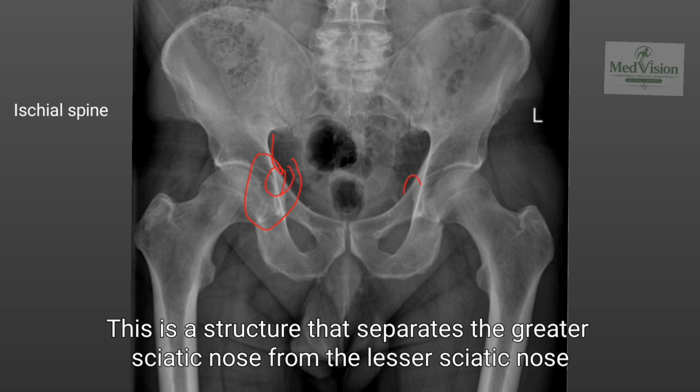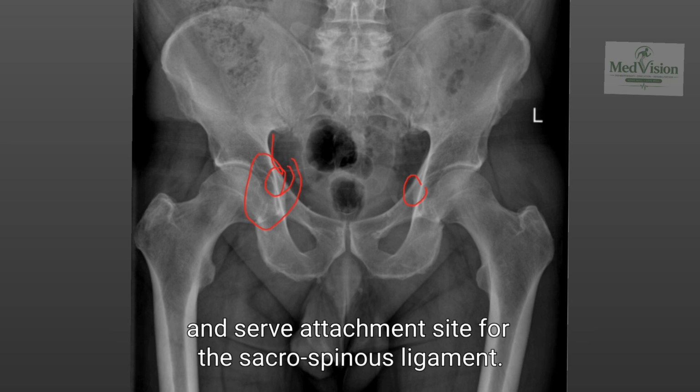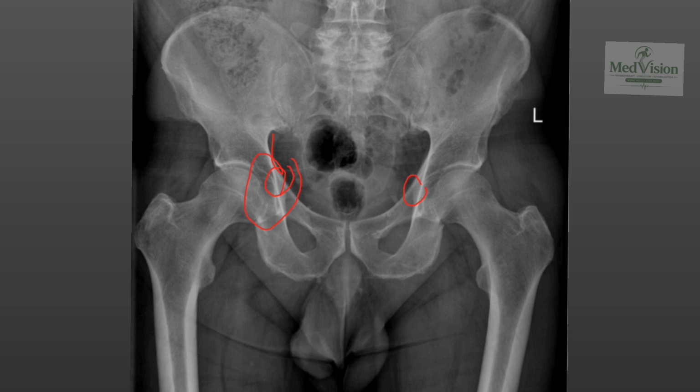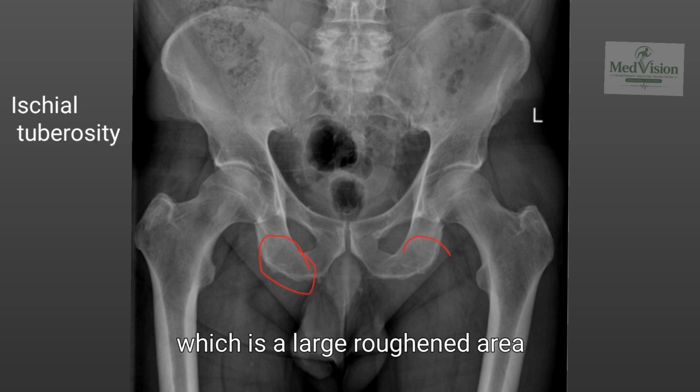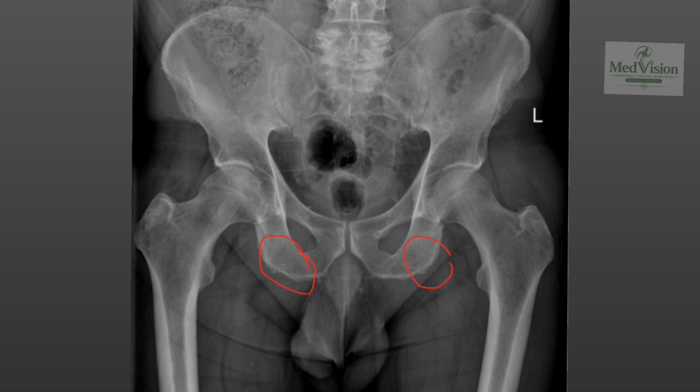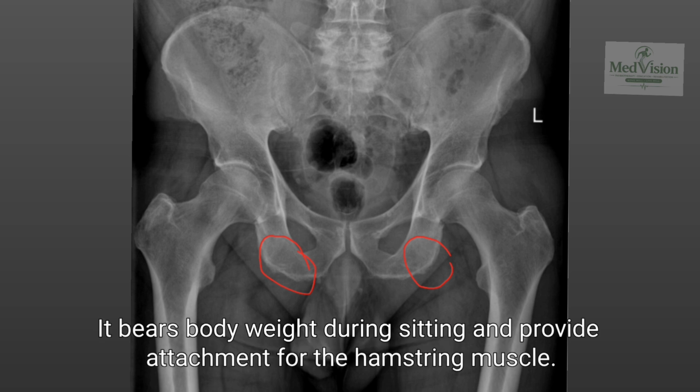It separates the greater sciatic notch from the lesser sciatic notch and serves as an attachment site for the sacrospinous ligament. If we move inferiorly, we observe the ischial tuberosity, which is a large roughened area commonly known as the sit bone. It bears body weight during sitting and provides attachment for the hamstring muscles.